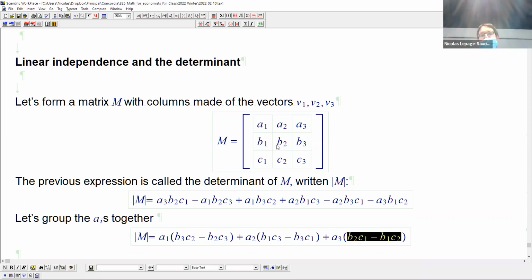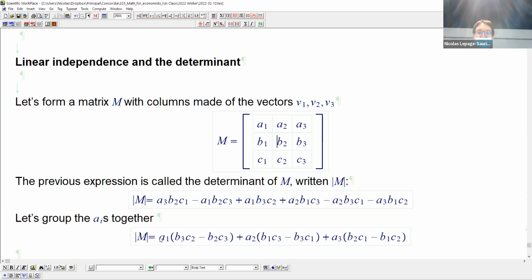So I just said that if I have a small matrix like this, A1, A2, B1, B2, then the determinant of this small matrix is A1 B2 minus B1 A2. So here, what does this look like? This looks like the determinant of this matrix there. So B3 C2 minus B2 C3.